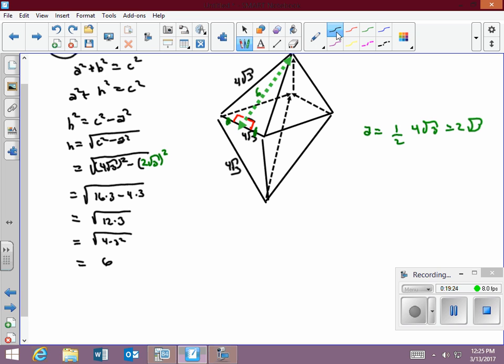So then our surface area, there's 8 triangles. Each triangle is 1/2 the base, which is 4 square root of 3, times the height, which is 6.